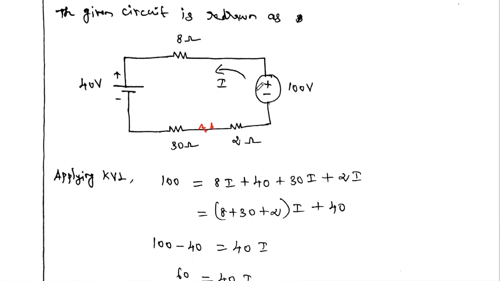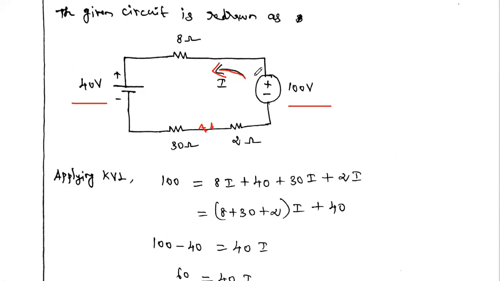Here the two batteries are given. This is a 100 volt battery, and this is the 40 volt battery. Which battery has the highest value? 100 volt. So the current flows from that battery itself. That's why we mention the current I from this higher voltage battery.